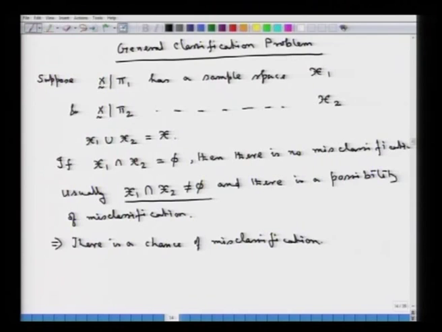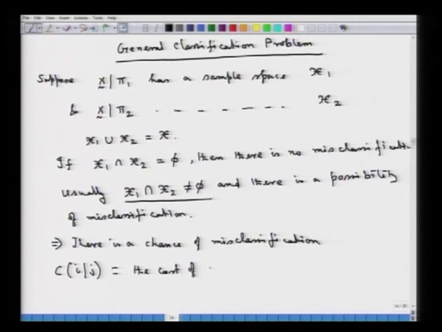Let us now denote by the following quantity Cij. This is the cost that one would incur for wrongly classifying an observation coming from the population indexed by j into the population indexed by i. So, this is the cost of misclassification.